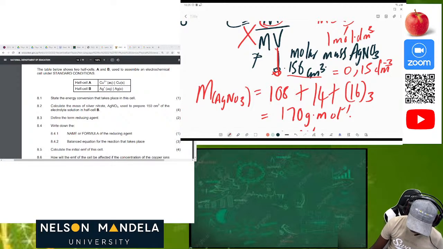Okay, let me define it for you guys. The reducing agent is a substance that is oxidized.